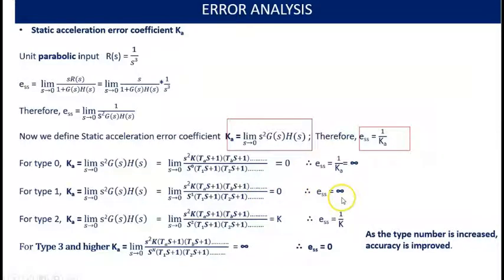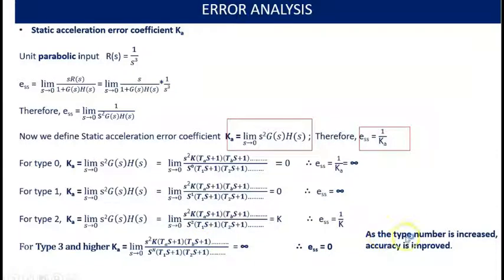Therefore, es is equal to infinite. For type 2, these two terms will get cancelled. So K. Therefore, es is equal to 1 by K. There is a finite amount of error. For type 3 and higher, applying the limit as s tends to 0, Ka is equal to infinite. Therefore, es is equal to 0.